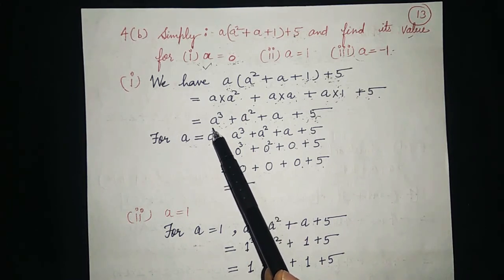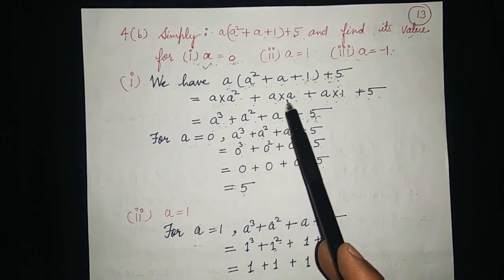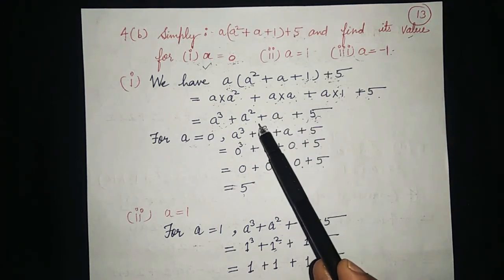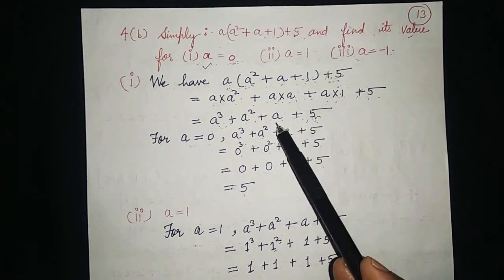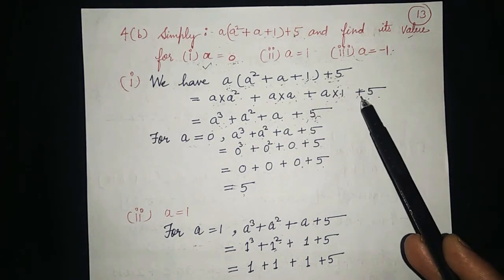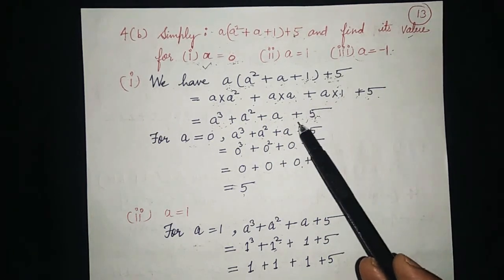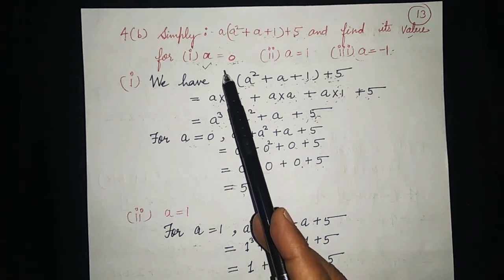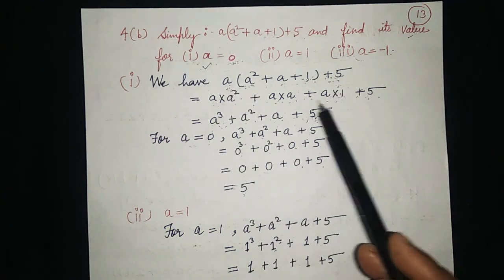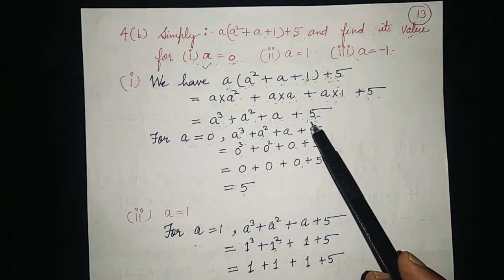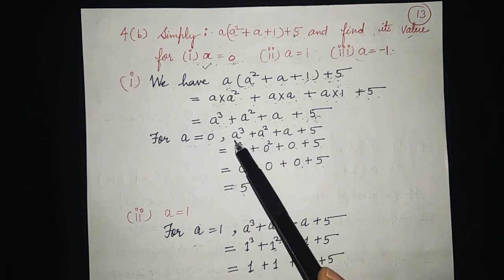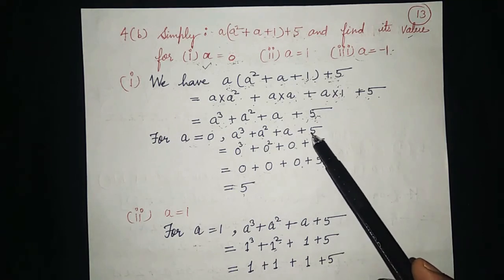A cube, plus a into a we will write a square here, plus a into 1, a will come here, plus 5 we will write. Now we will write the simplified form, a cube plus a square plus a plus 5.